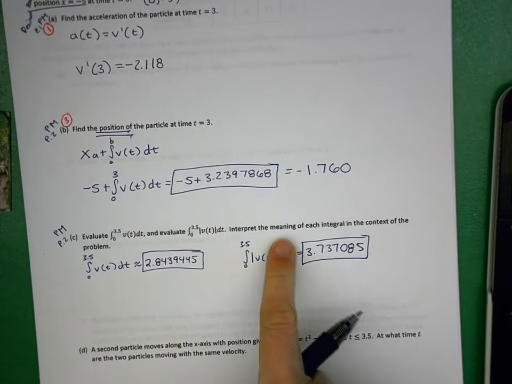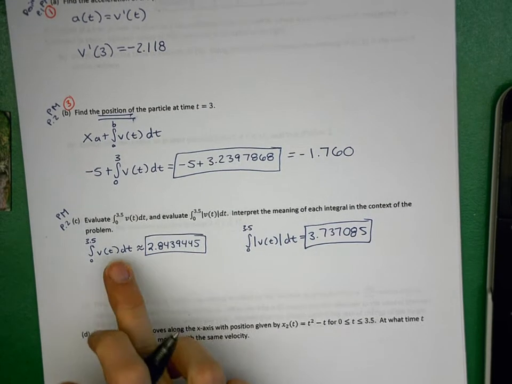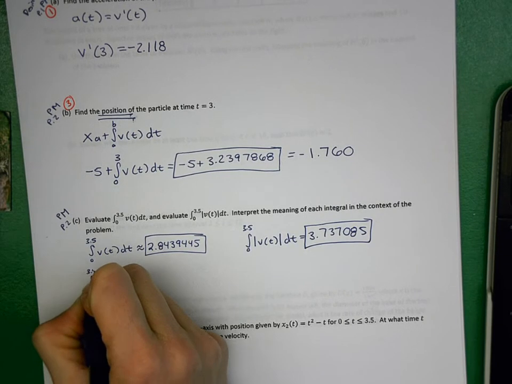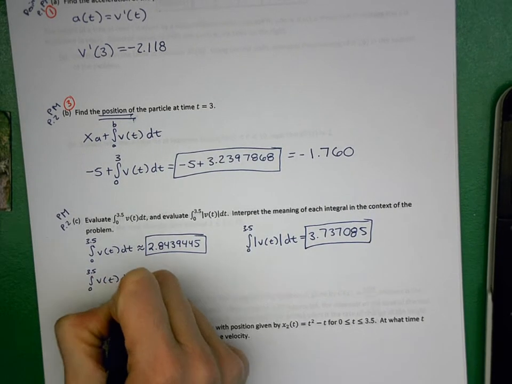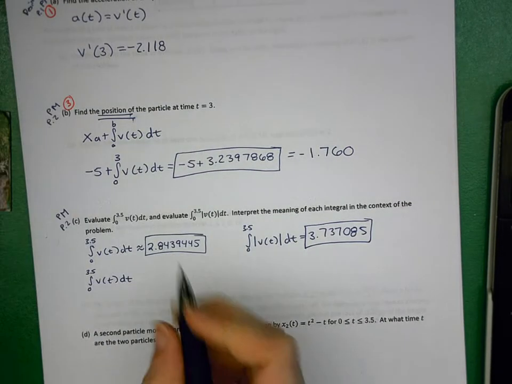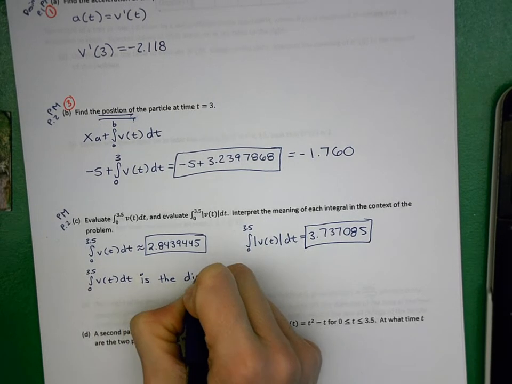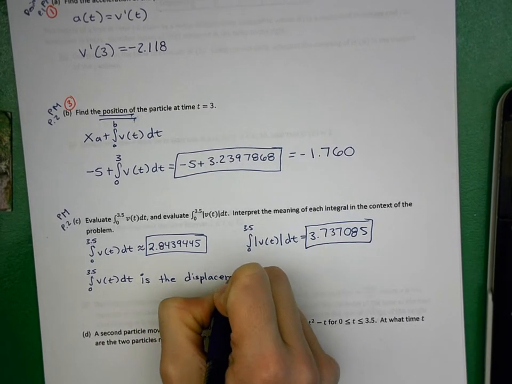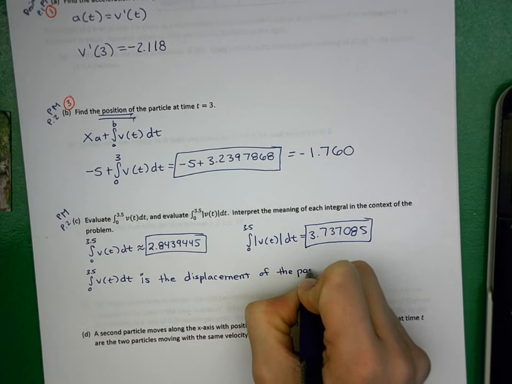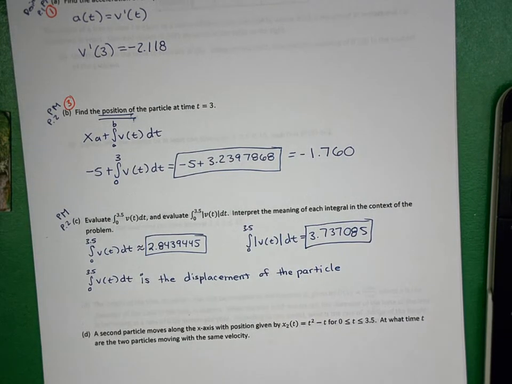Interpret the meaning of each integral in the context of the problem. So this first one, what was it when we were without absolute value bars? 0 to 3.5 of velocity is the displacement of our particle. And then remember with your descriptions, you always want to make sure that units and time intervals are there.